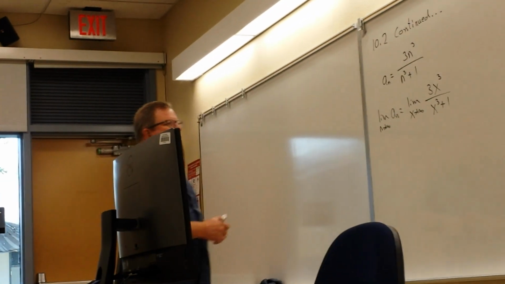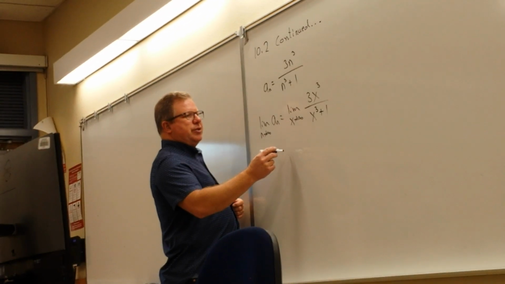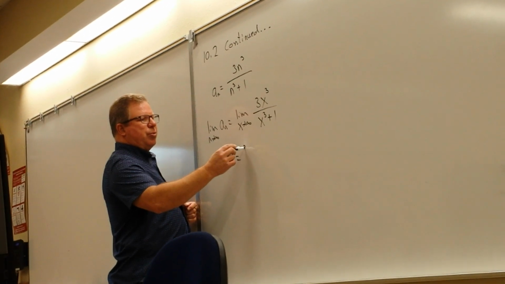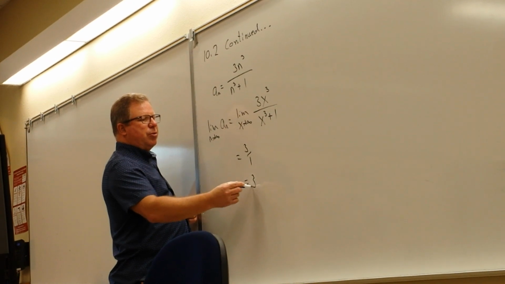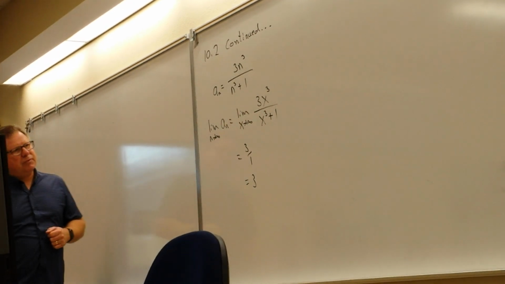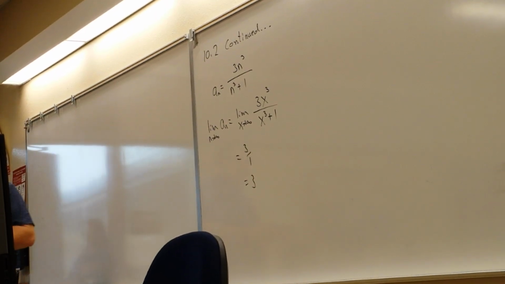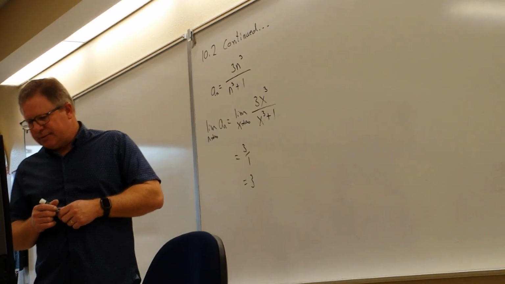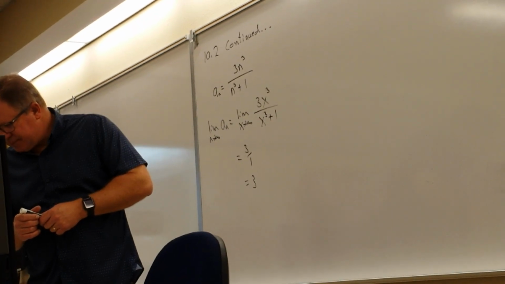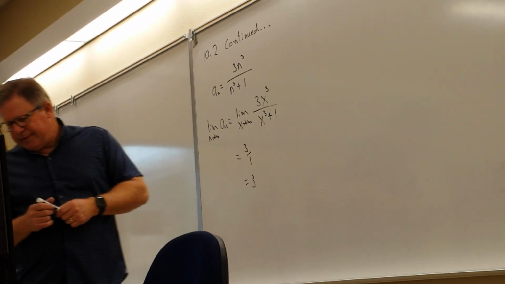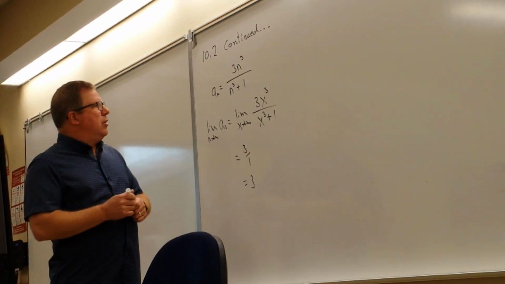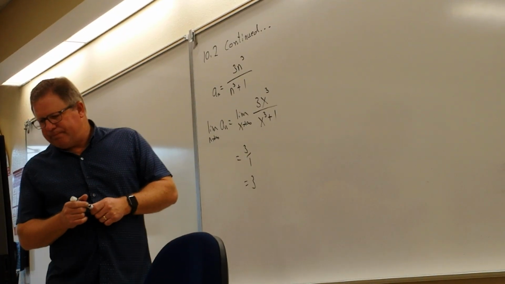So this is equal to 3 over 1, which equals 3. And that's all there is to that. You guys good with that? All right, let's take a look at another one.